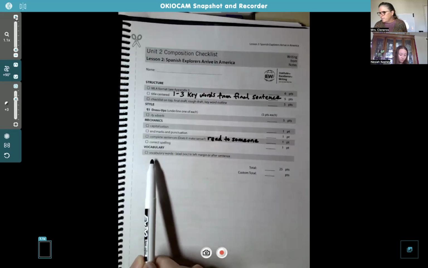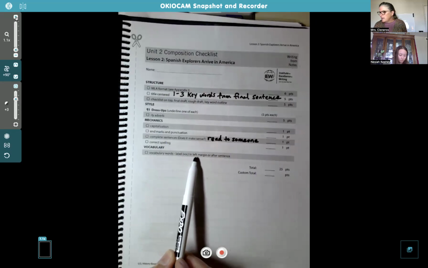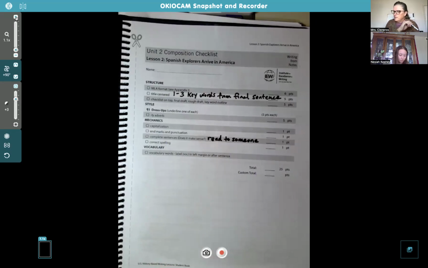And then vocabulary words, it says label VOC in the left margin or after sentence. So are you wanting to type or do you like to handwrite? What are you doing these days? Good. Okay. I think, how am I going to have you label this?